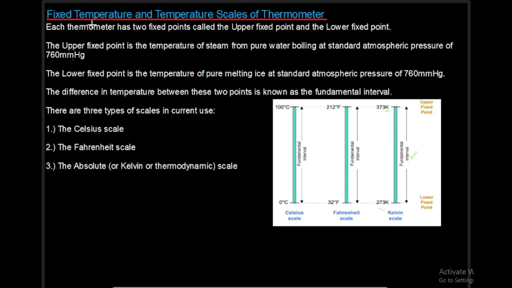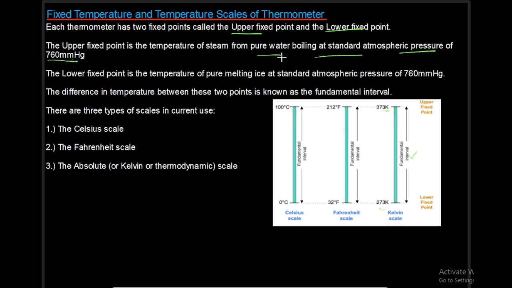Now, we also have the fixed temperatures and temperature scales of thermometers. Each thermometer has two fixed points called the upper fixed point and the lower fixed point. The upper fixed point is the temperature of steam from pure water boiling at standard atmospheric pressure of 760 millimeter mercury.